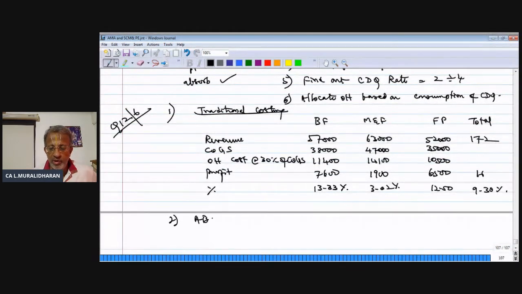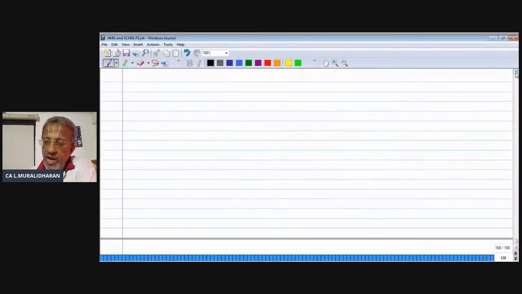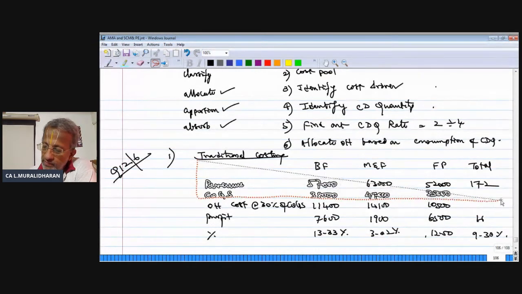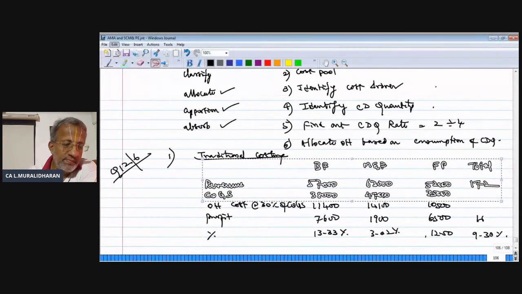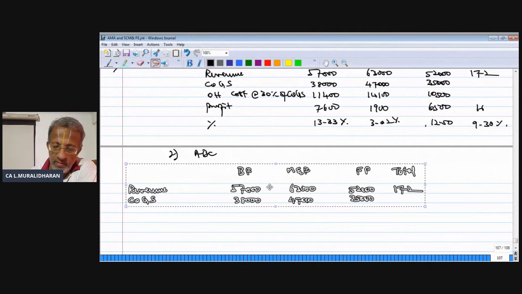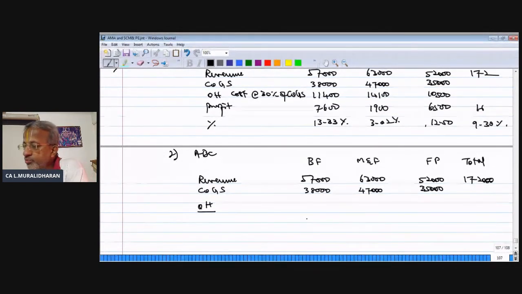Now to activity based costing. In activity based costing, here overheads are taken up based on the consumption of the cost driver quantity.